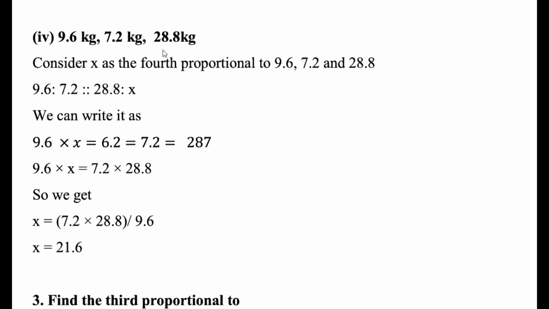9.6 kg, 7.2 kg, 28.8 kg. So 9.6 is to 7.2 is to 28.8 is to x. So it comes to 9.6 into x is equal to 7.2 into 28.8.